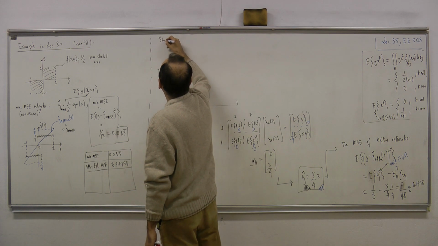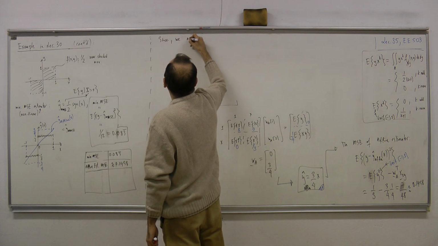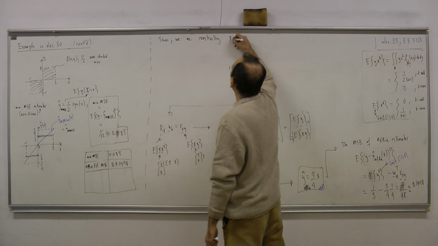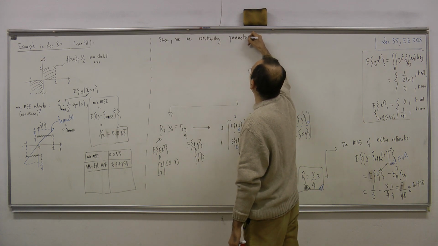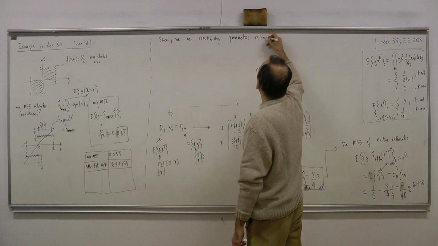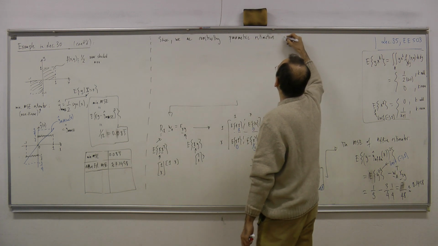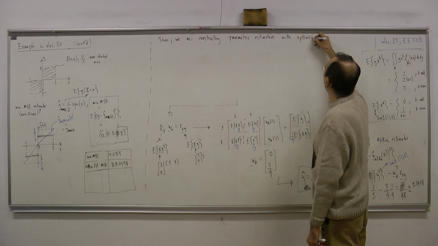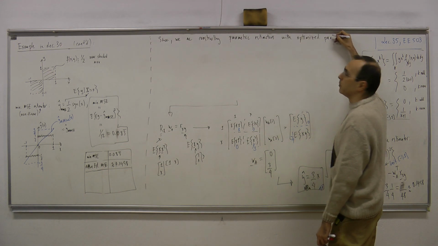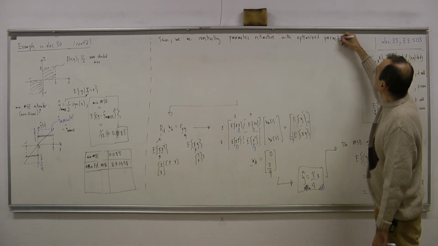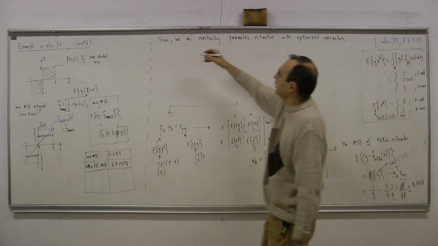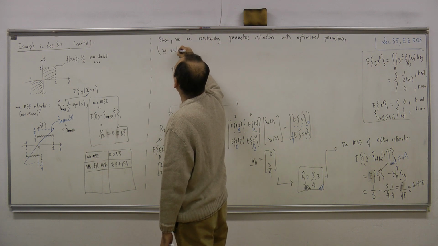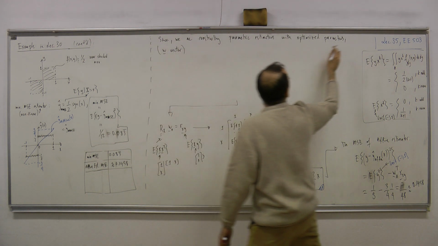Now, since we are constructing parametric estimators with optimized parameters, what do I mean by that? W vector, weight vector.